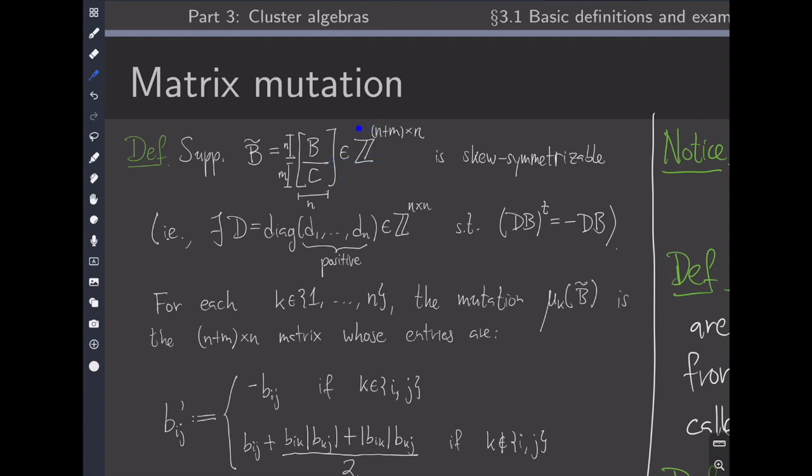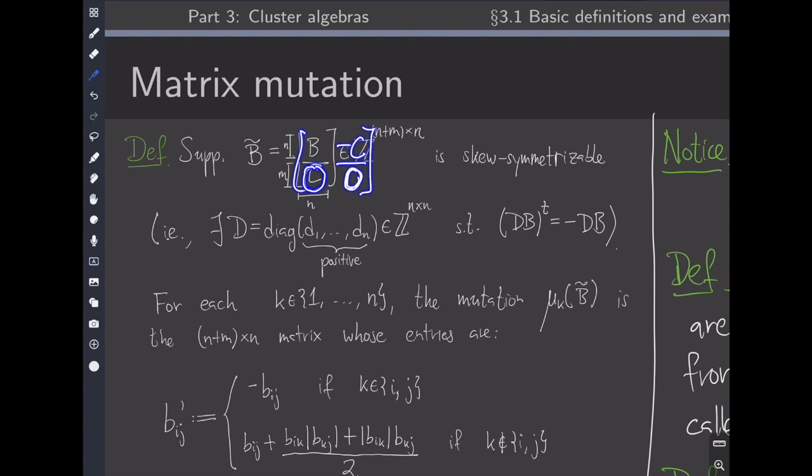Let's say that this one is skew-symmetric, then this matrix has a skew-symmetric extension, not unique, by putting minus C transpose here and a 0 here.